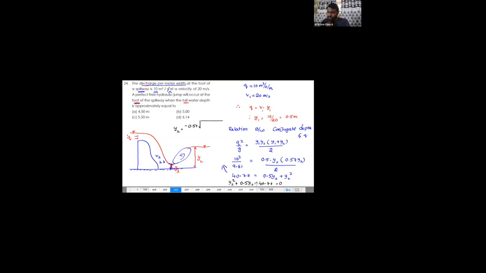What is b squared minus 4ac? b squared is 0.5 squared, minus 4ac, which means 4 into 1 into 40.77 by 2.